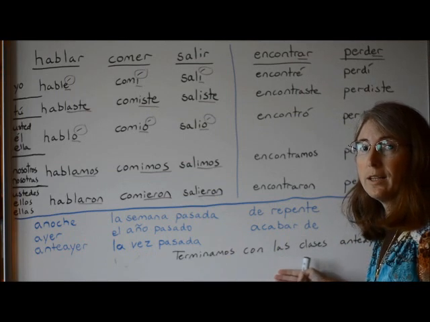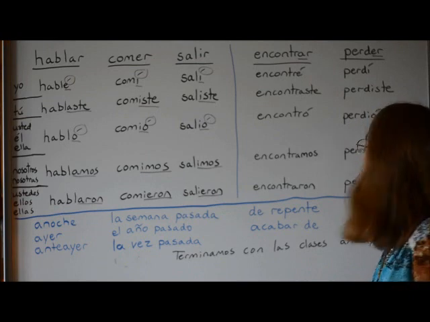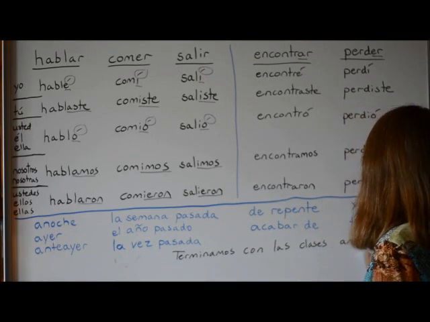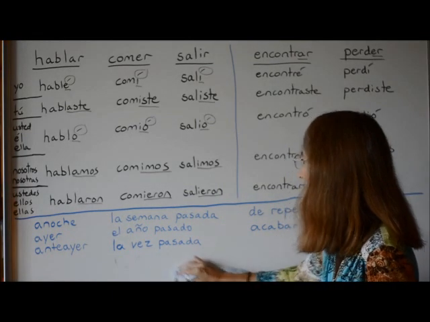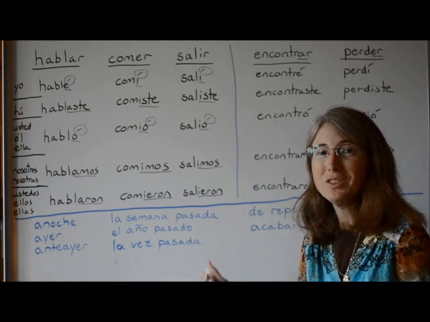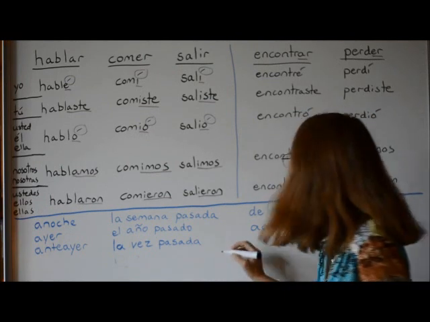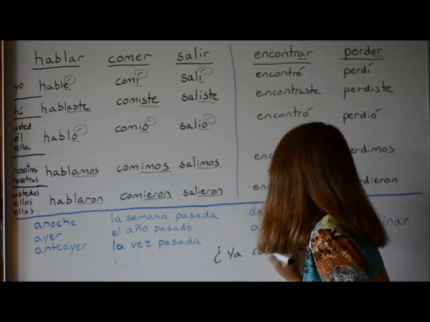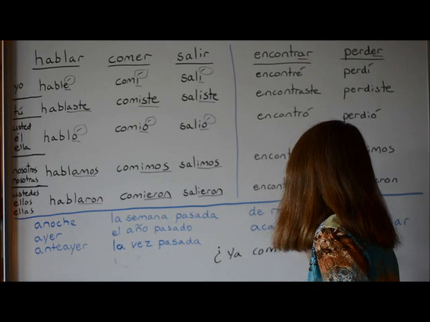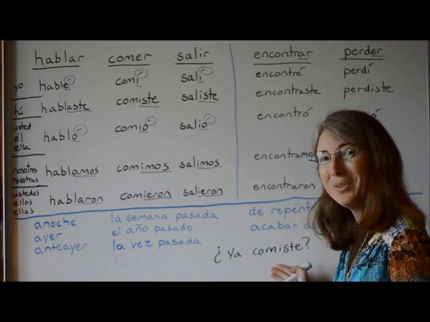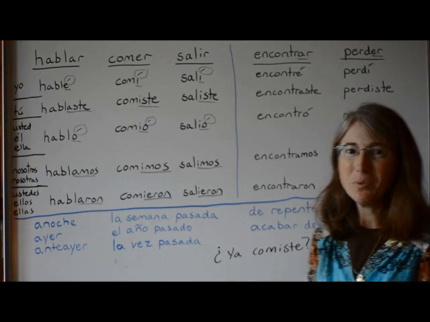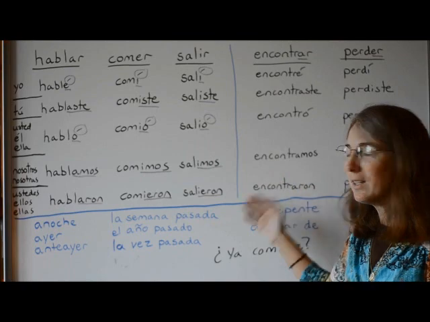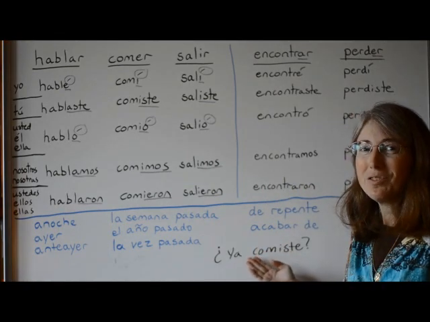We finished the classes the day before yesterday. Okay? Let's do a question. Ya means already. ¿Ya comiste? Have you already eaten? So these are some examples of the preterite tense, some examples of how to conjugate verbs in the preterite, and examples of words that can be red flags for the preterite tense.